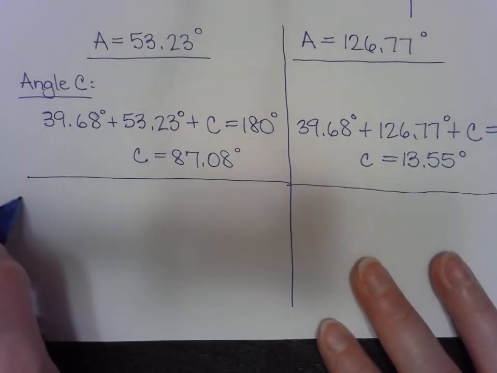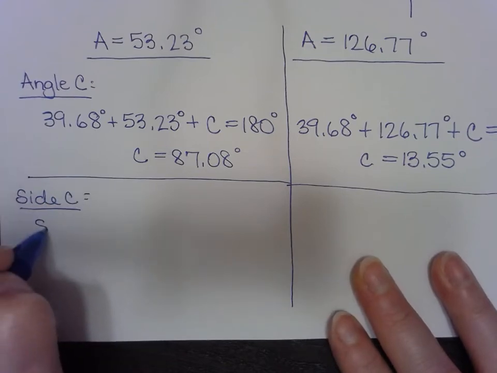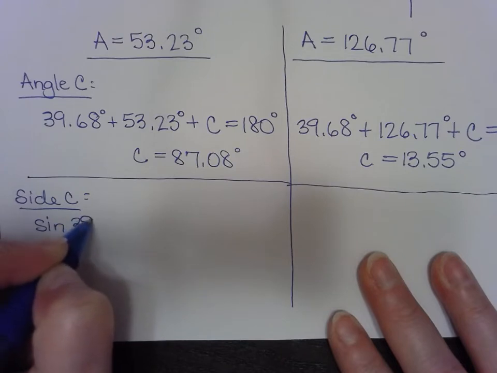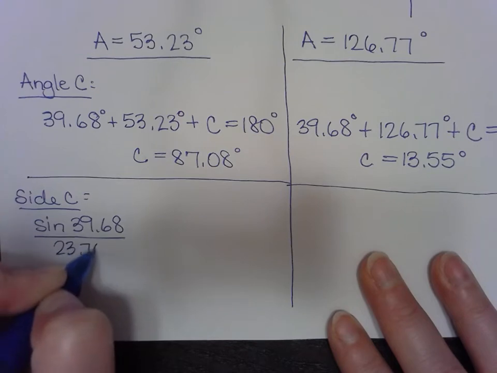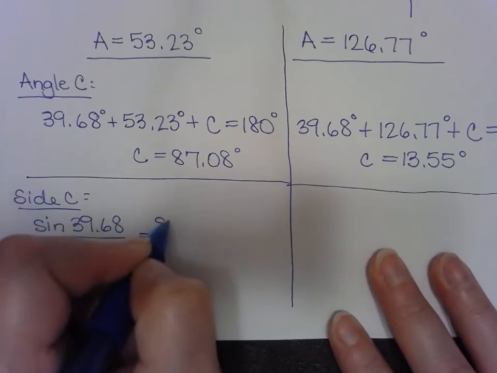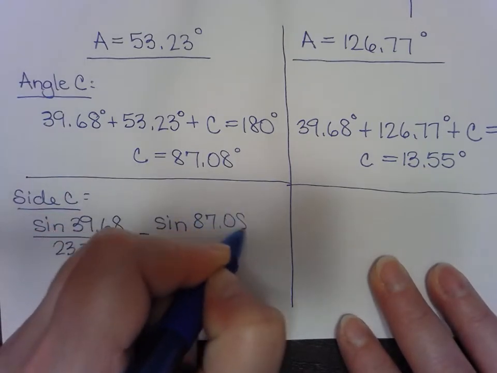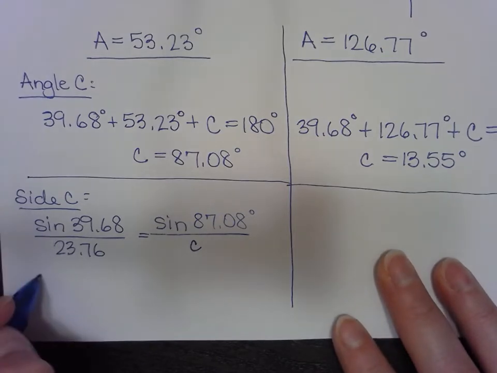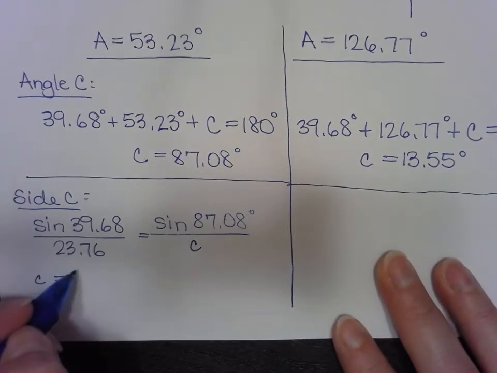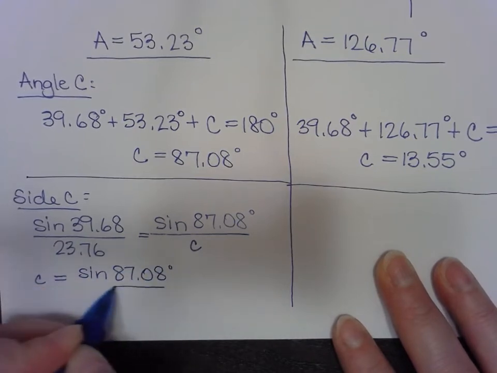So we've got the sine of angle B over the side length, 23.76, must be the sine of angle C, which we just found in this case to be 87.08 degrees, over the side length C. So if I multiply this side by C, that's going to leave the right-hand side over 1.